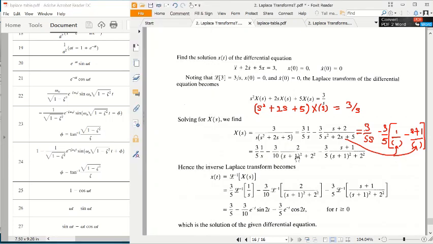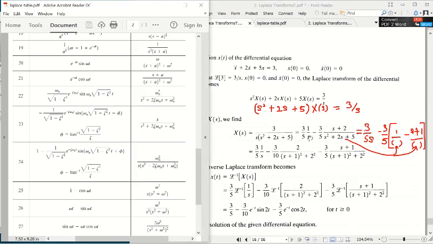So you end up with a term like this, and then based on the table, the first one, 1 over s, in time domain is just a step, which is 1, so we just leave 3 divided by 5. The second term is going to be a sine, with omega equal to 2 and a equal to 1.